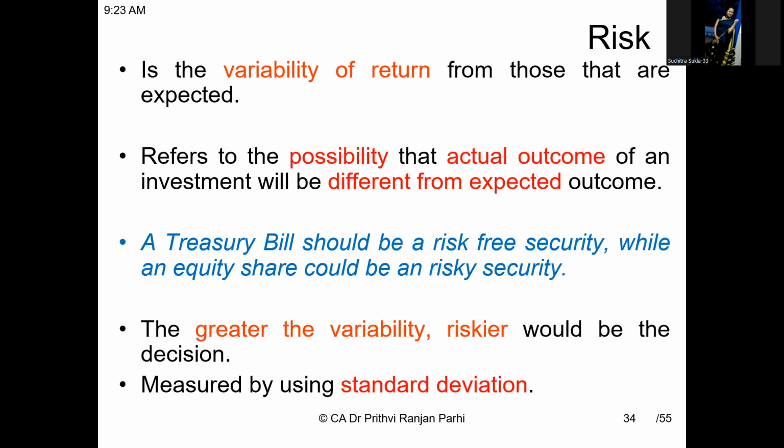There is no risk. Whereas if you're investing the same money in the stock market, you might be expecting 20%, you may get 2%. So there will be a difference between your expected outcome and the actual outcome. If that is so, that is referred to as risk.